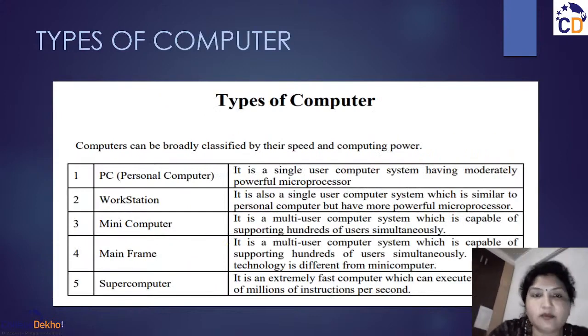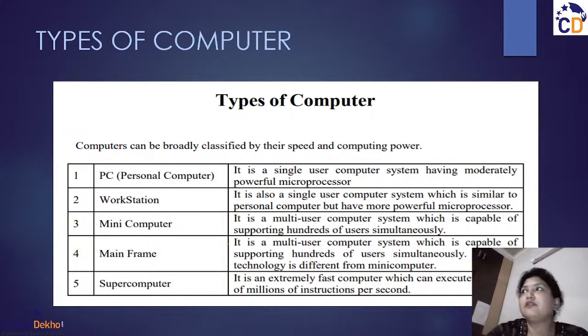Now let us see some of the examples, or you may say some of the types of computers we have. So we may be using a personal computer, like you have desktops, you have laptops, right? That is a single user, not multiple people working and connected with a network.